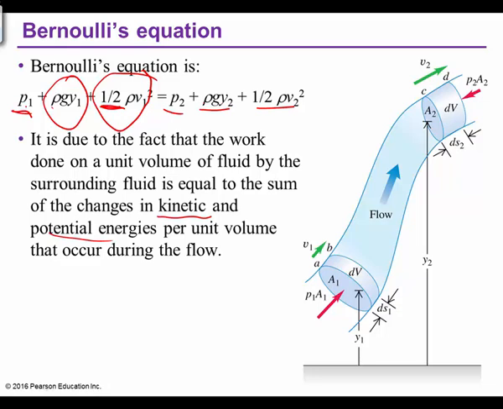So the pressure 1 plus rho g y1 plus 1/2 rho times the velocity 1 squared is equal to the pressure 2 plus the what? These actually come out to be pressures, okay? The rho times g times y2 plus 1/2 rho times velocity 2 squared. All right?